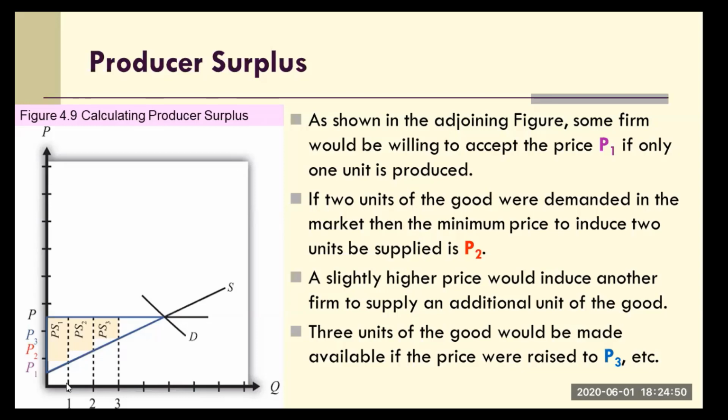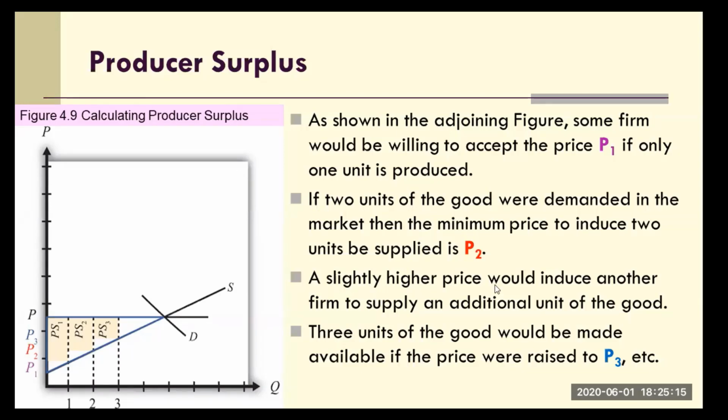If 2 units of goods were demanded in the market, then the minimum price to induce 2 units to be supplied is a little higher, so the price is raised to P2. At this time some producers might be encouraged, and with the producer surplus PS2 they can also supply.